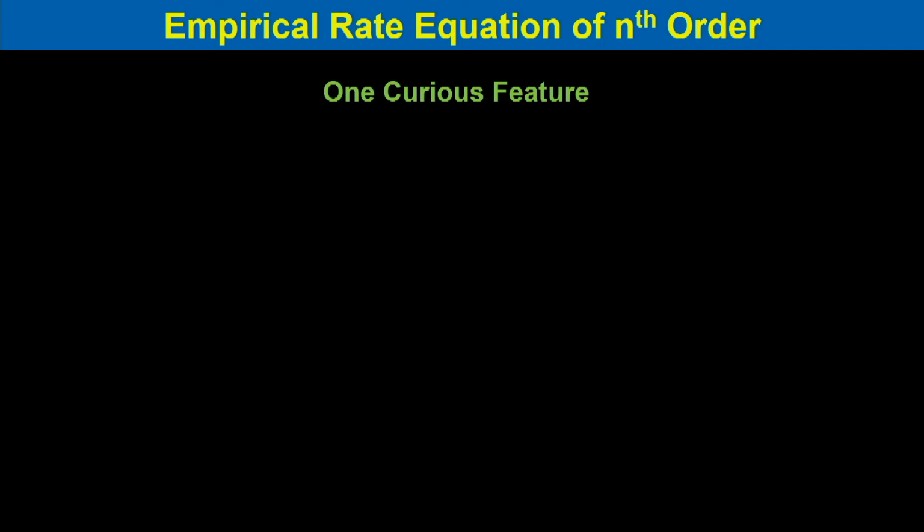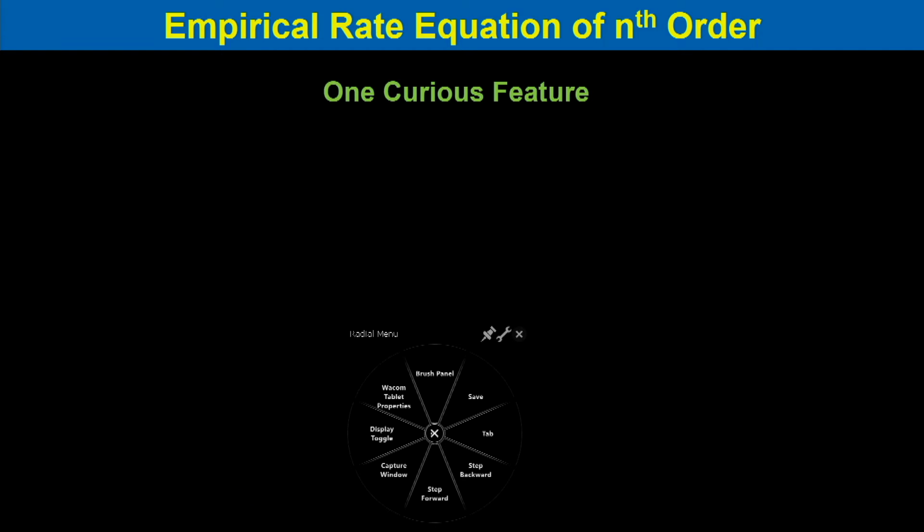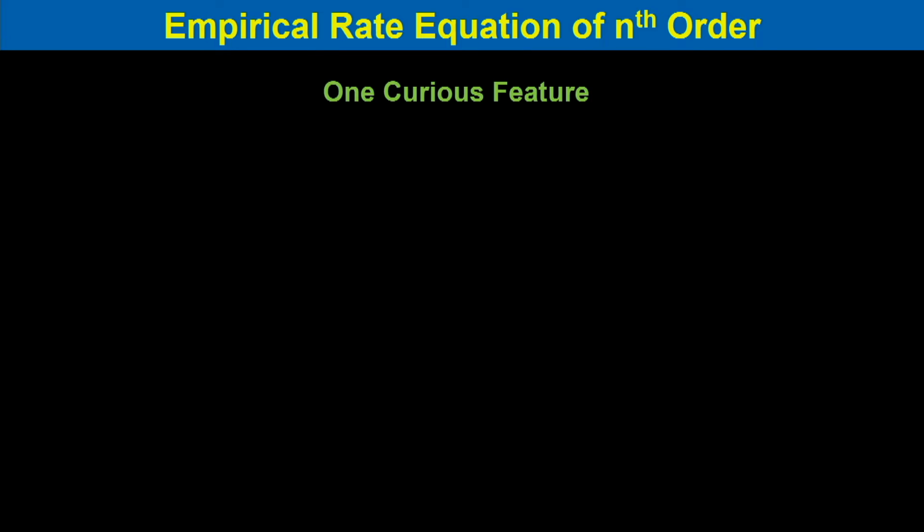Now, one curious feature of this rate form is in the rate equation, let me write C_A to the power 1 minus n minus C_A0 to the power 1 minus n, which is equal to n minus 1 into kt. Now, consider case 1, n greater than 1.